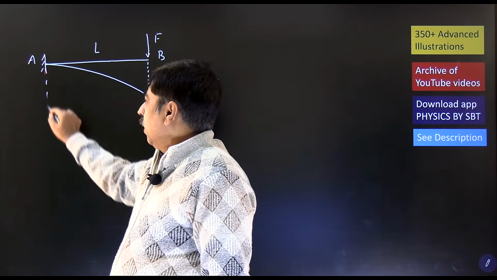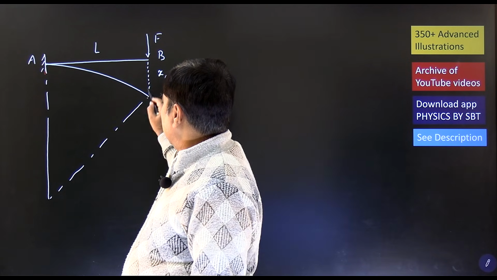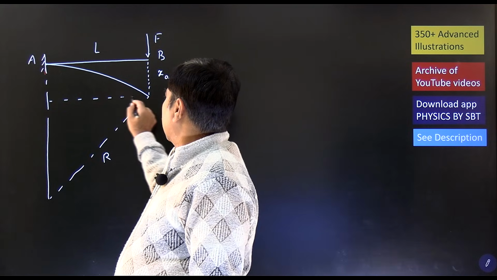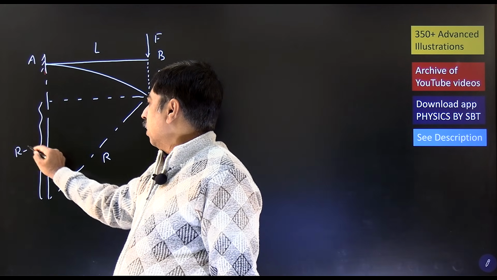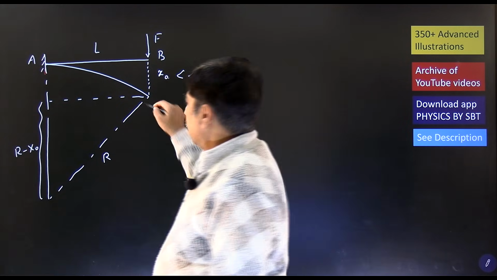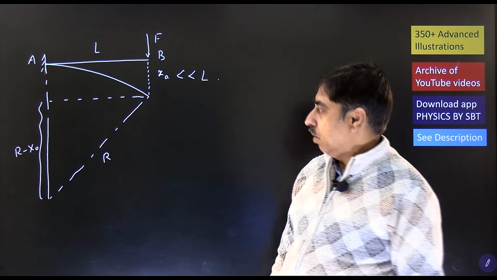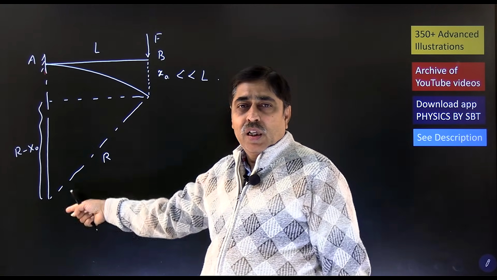If I assume that the radius of curvature of this arc is r, then immediately you can see that this length is r minus x naught, right. The end B has been pushed down by distance x naught. So this length is r minus x naught, this is almost L, and this is r.